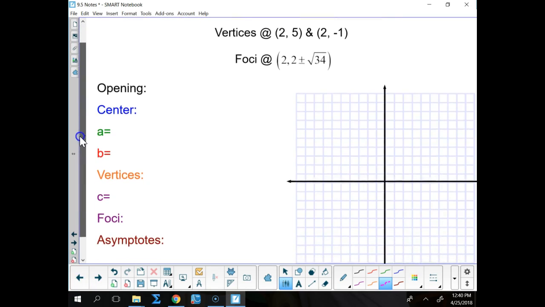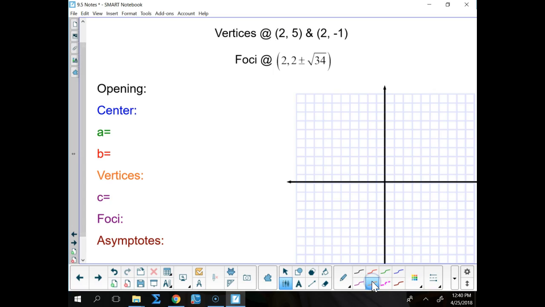It's good stuff. So, vertices at (2, 5), 1, 2, 3, 4, 5, and (2, -1). That tells me my direction of opening, correct, is up and down. That tells me my center is right there at (2, 2).